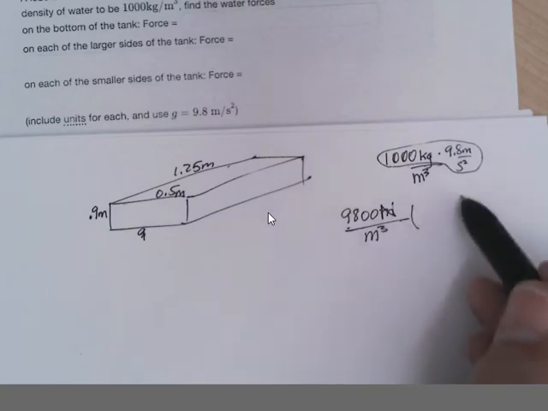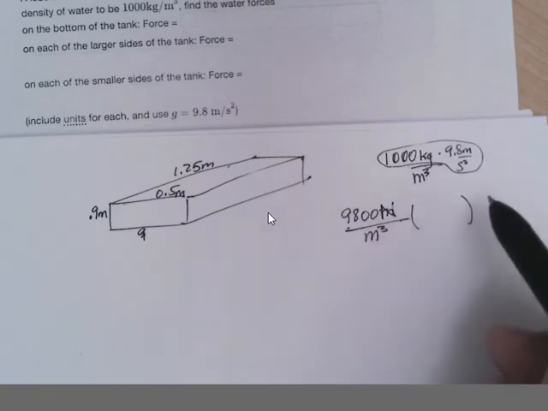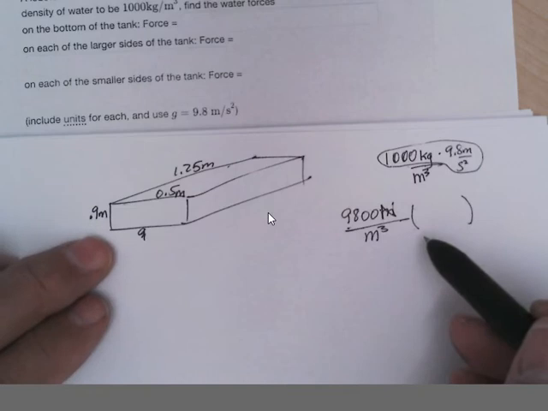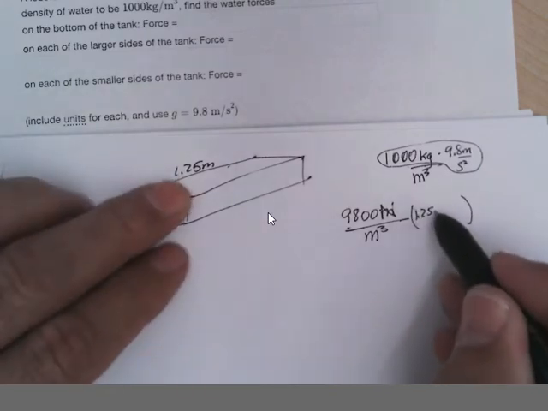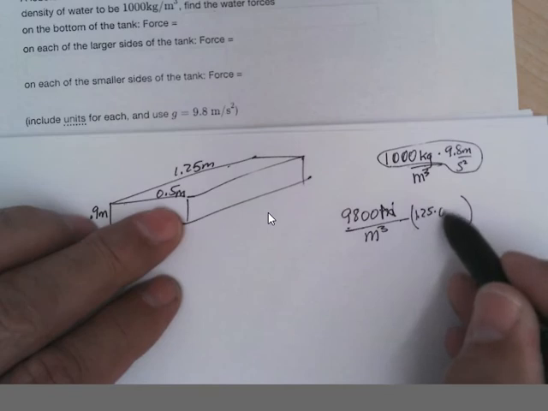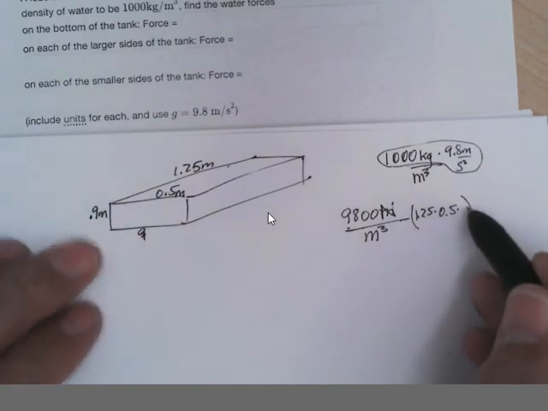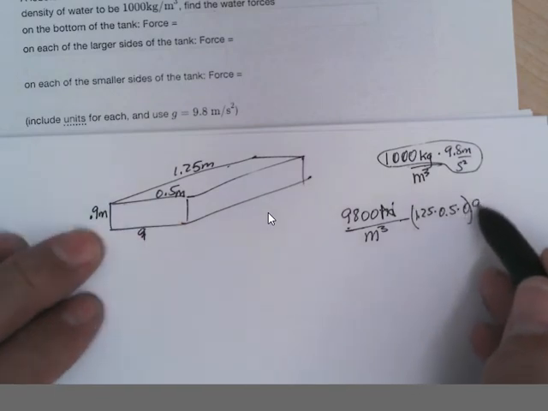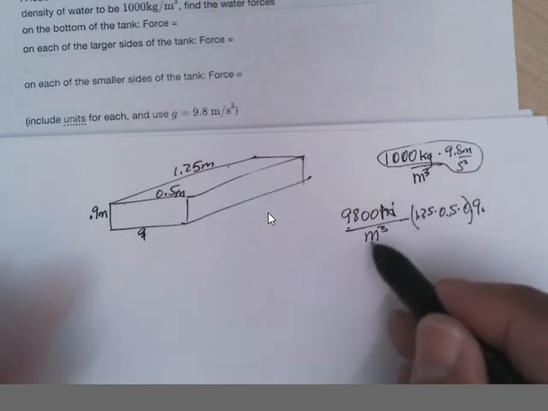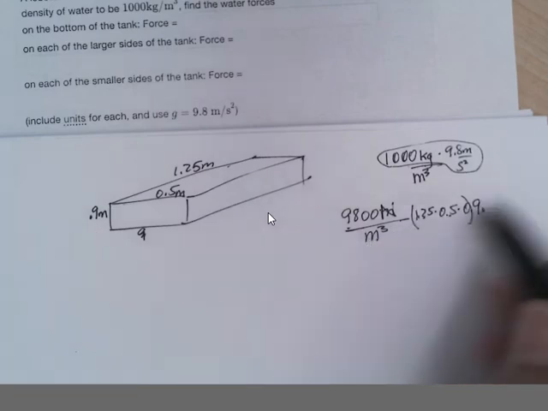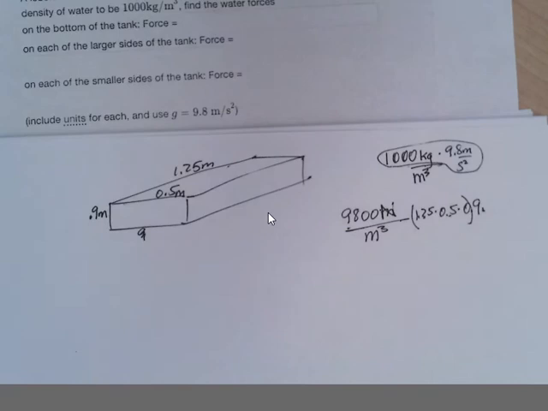Now what we have to do is take it times the volume of the tank, and we'll find the weight on the bottom. And the volume of the tank is going to be 1.25 times 0.5 times 0.9. That's meters, meters, meters. So that's meters cubed times newtons divided by meters cubed. Cancel, and so we just have to multiply that out. No calculus involved.